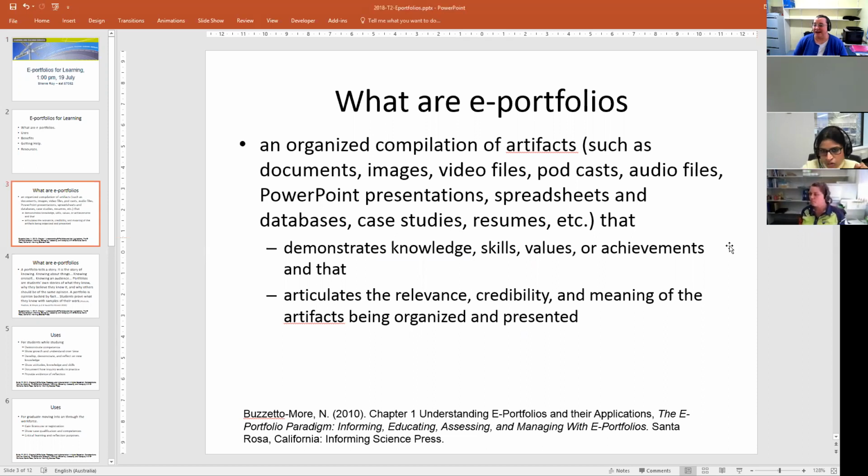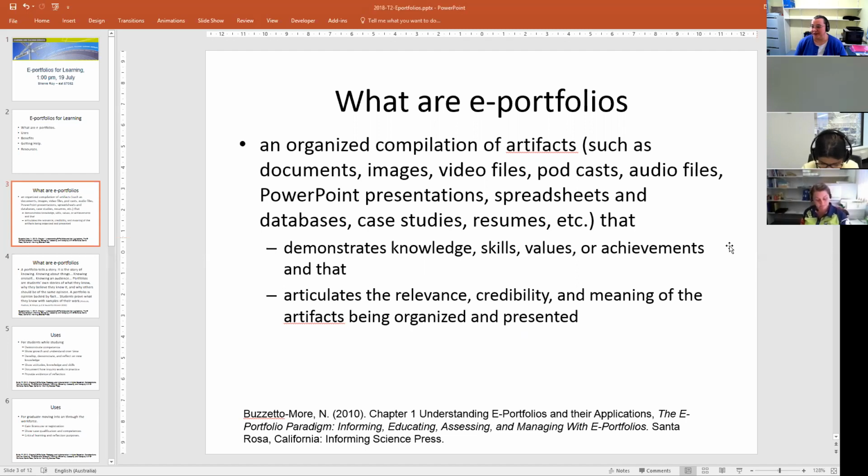We're looking at something very similar with an e-portfolio. It's an organised compilation of artefacts. Artefacts, as in the past, might be the art or the photos, but now also the documents, the images, the video files, the podcasts. Anything you can think of that could be called an artefact, or is available for somebody to store and use to show, in a different context, what they've been doing and how they've been doing it.